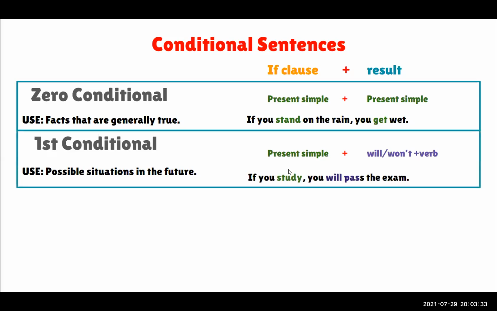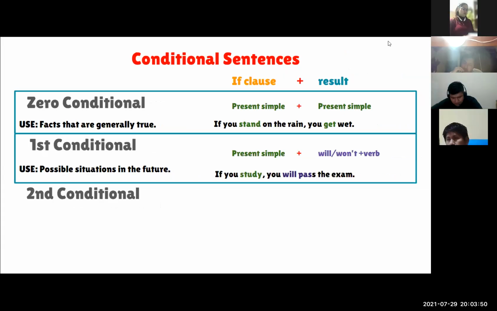And the second conditional that we recently saw. So when do we use the second conditional? Do you remember? I don't want you to check your books. I want you to try to remember. When do we use the second conditional?